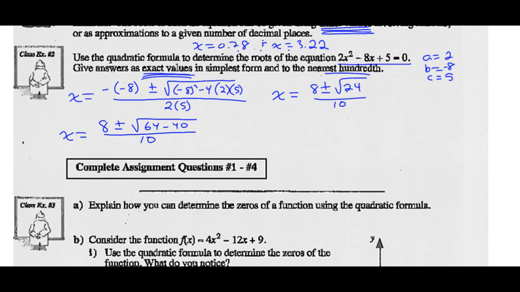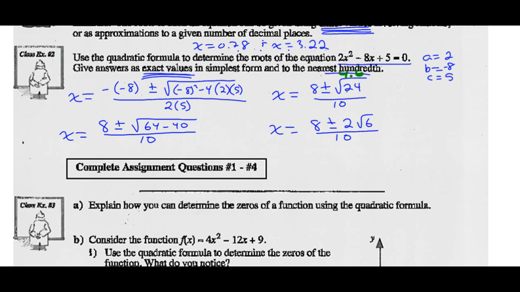Now I have to simplify that radical 24, and luckily we've simplified radicals, so I know that 24 can be written as 4 times 6. So if I simplify that radical, I get 8 plus or minus the square root of 4, which is 2, root 6, all over 10.